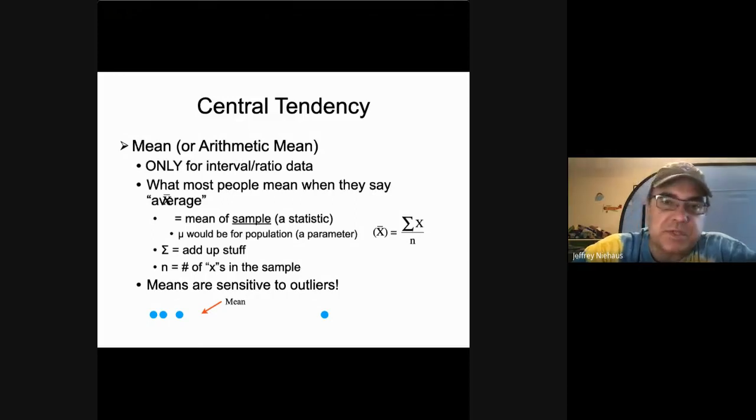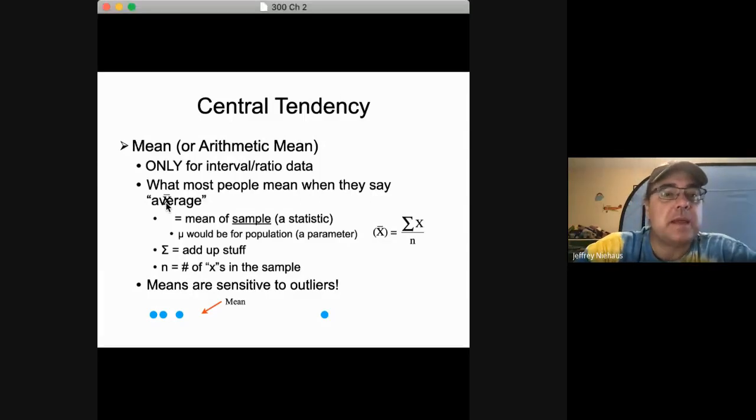But average isn't a precise term. Okay, mean is the precise term, and arithmetic mean is the most precise term. There are other kinds of means out there. You may have heard of them. There's the geometric mean. There is the harmonic mean. There are other ways to get a mean, but we're going to do the arithmetic mean.